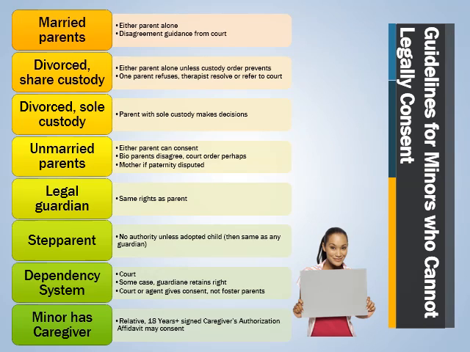What about these not emancipated minors that we were talking about? Most minors are not. So what about them? Well, they have a right to their own records, but so do their parents.